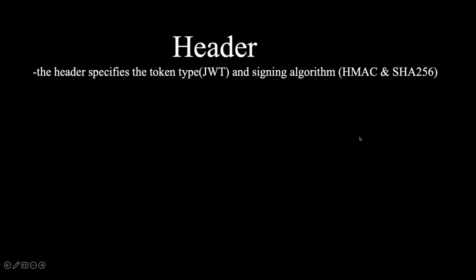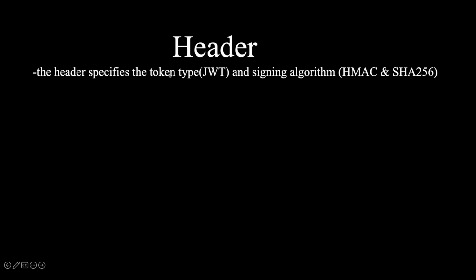JSON Web Tokens are used to authenticate users, and we also use them to restrict certain resources. If we want to protect certain resources so that they are not used by users who are not authenticated, we use what we call a JSON Web Token.